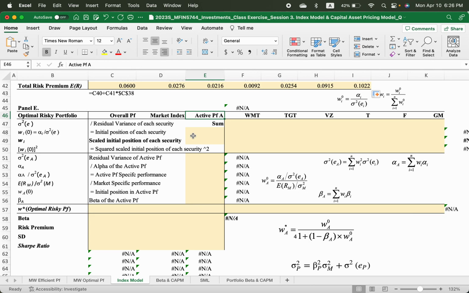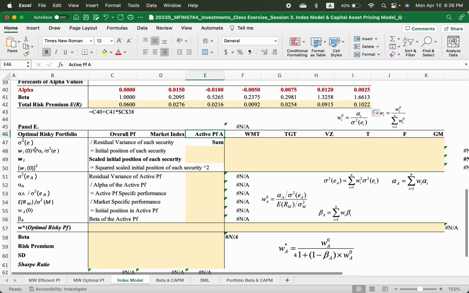Once you complete the active portfolio A, the market index portfolio is automatically created, right? So how to get it? First, the optimal risk portfolio means the residual variances of the securities.